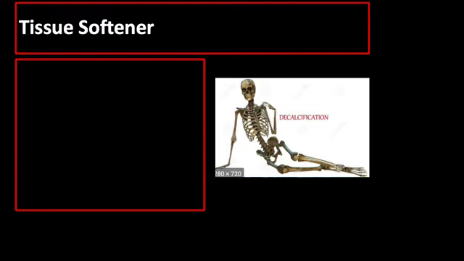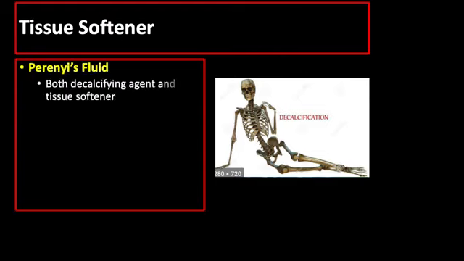Next is tissue softener. So unduly hard tissues which are liable to damage the microtome knives may require tissue softeners aside from decalcification. Perenyi's fluid may act both as a decalcifying agent and tissue softener. So you immerse the hard tissue in Perenyi's fluid for 12 to 24 hours to soften the tissue.